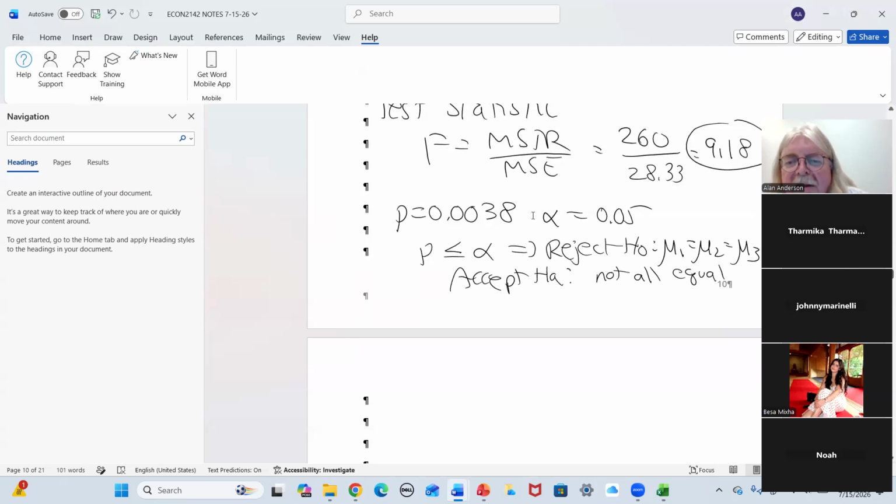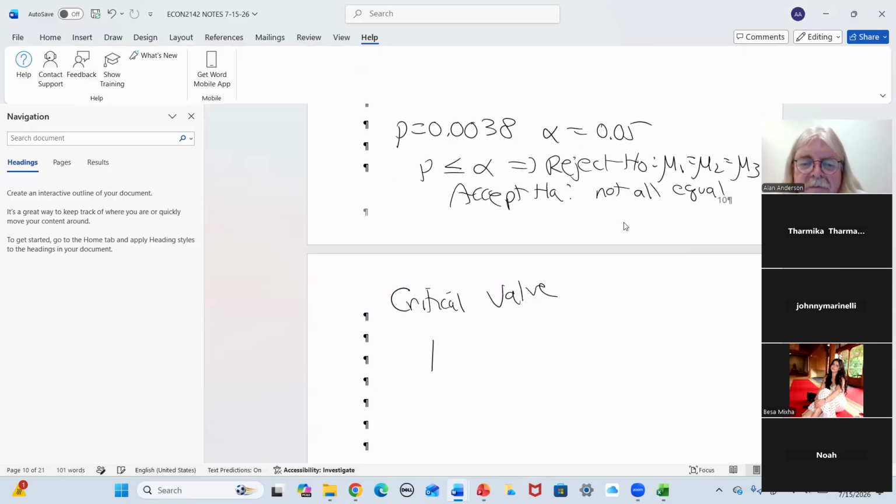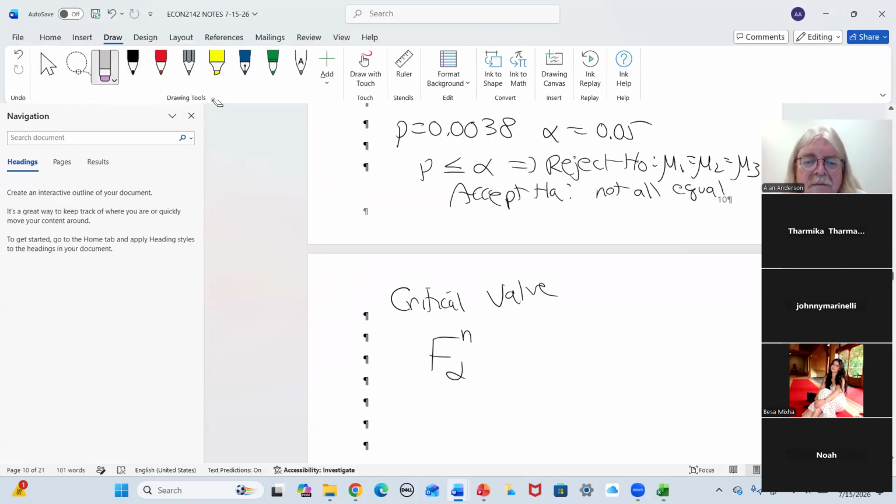Okay. And also, if you notice, the degrees of freedom just happen to be the same as the ones that we were looking at earlier. So if you wanted to look up the critical value, we already know what it is. Oh, that's right.